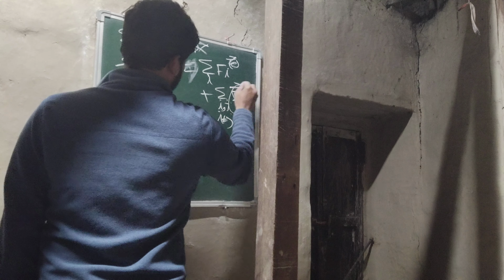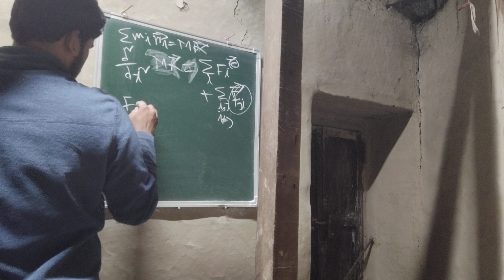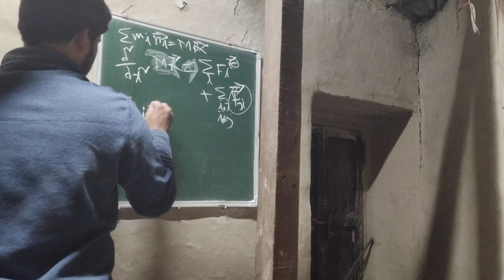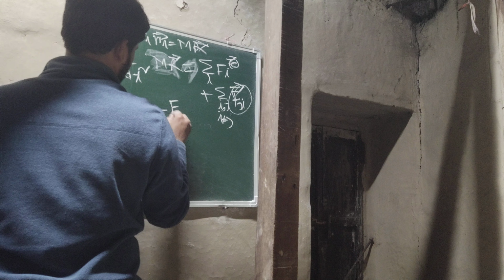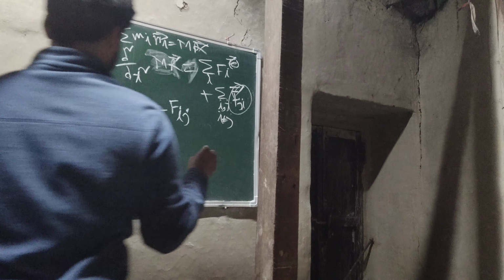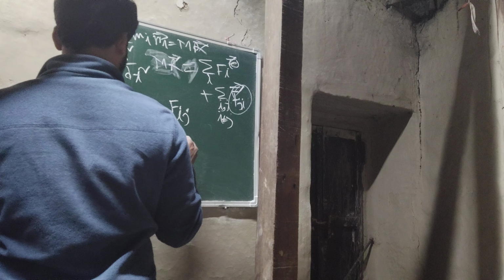Here F_ji vector is cancelled because, from Newton's third law of motion, F_ji equal minus F_ij, because action and reaction are equal and opposite.